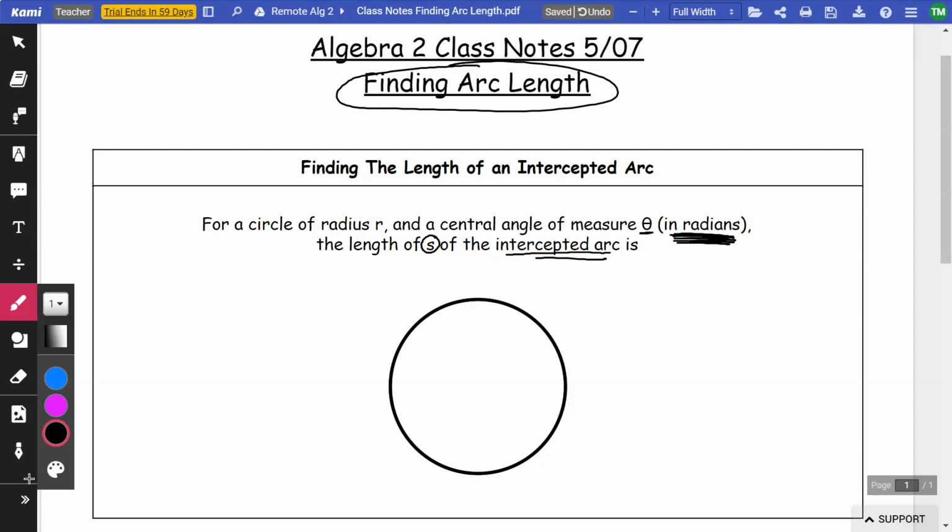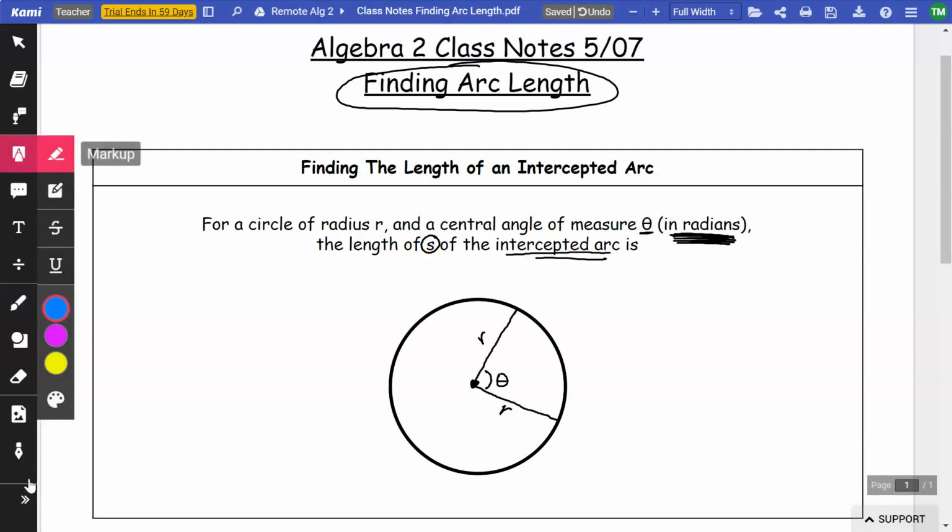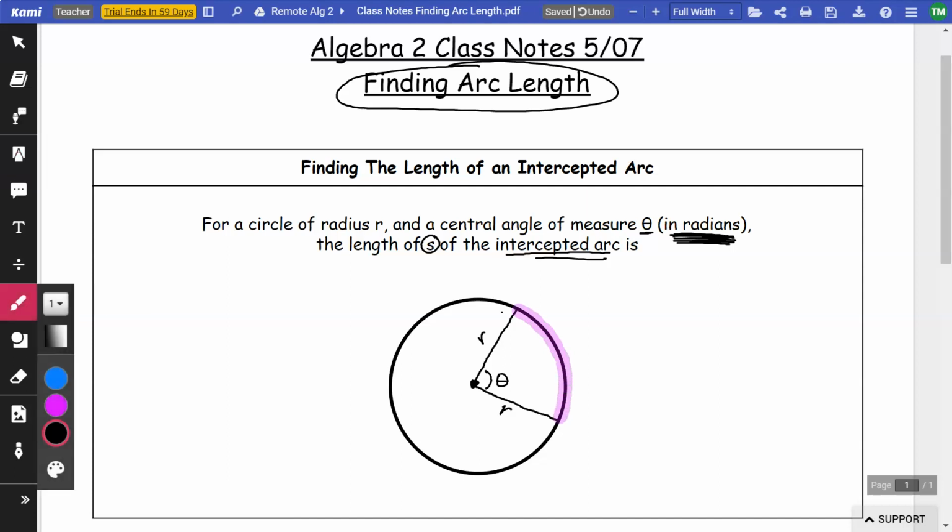So for example, here's the center of my circle. Here's the radius. Here's another radius. So we've created this angle theta, and we want that angle in radians. Then the measure of this arc length right here, which we're referring to as S, is equal to theta times the radius.